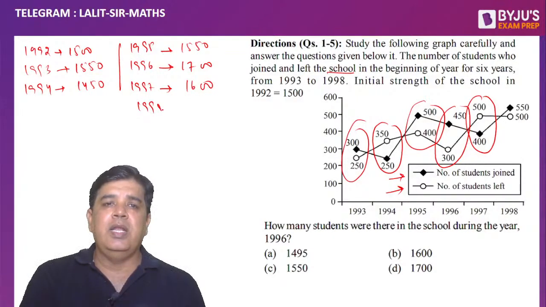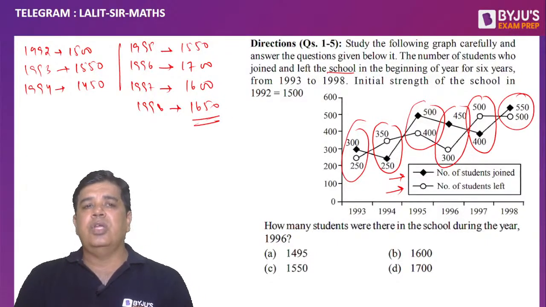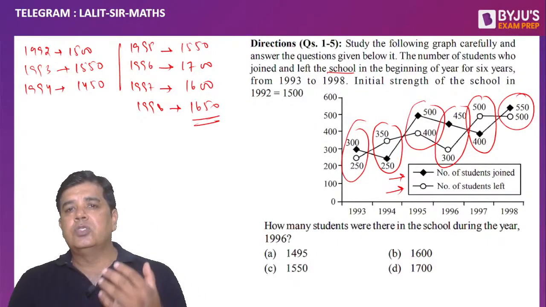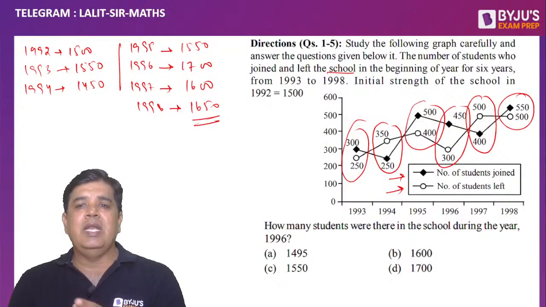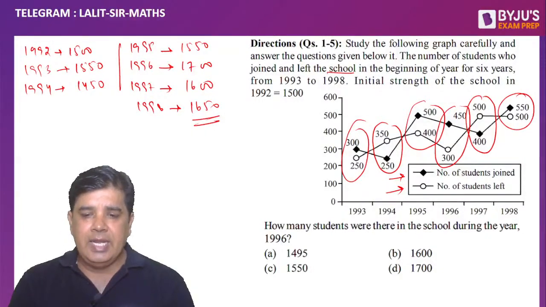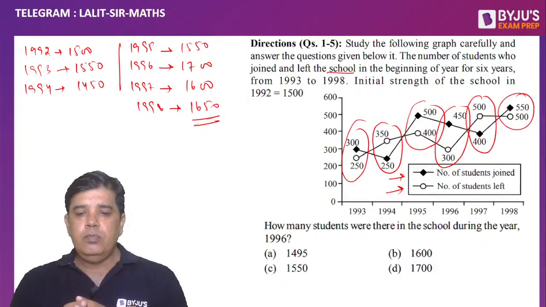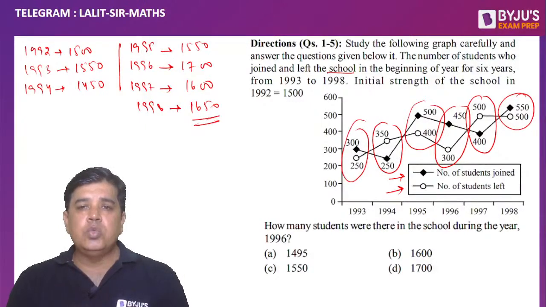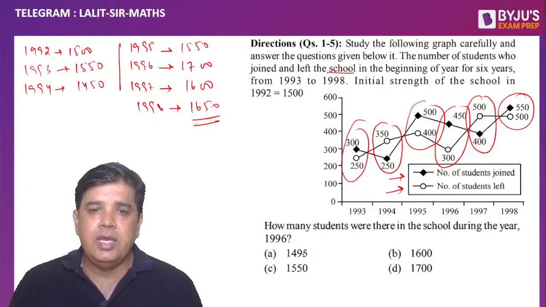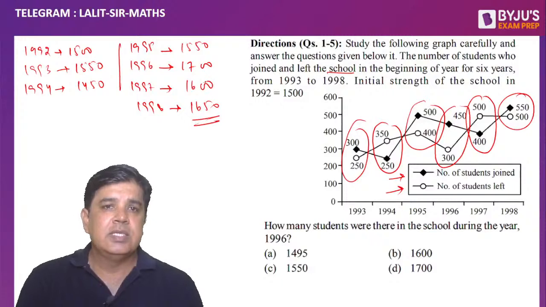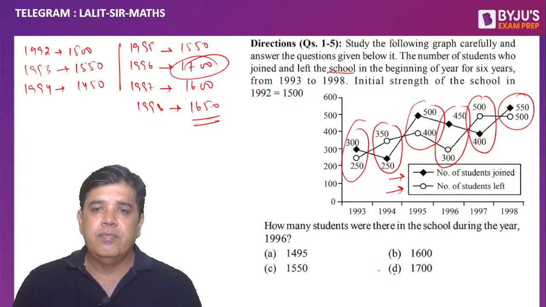And finally in 1998, there is an increase of 50, so 1650. Right? These are the strengths of the school every year from 1993 to 1998. Now, how many students were there in the school during the year 1996? They are 1700. D part.